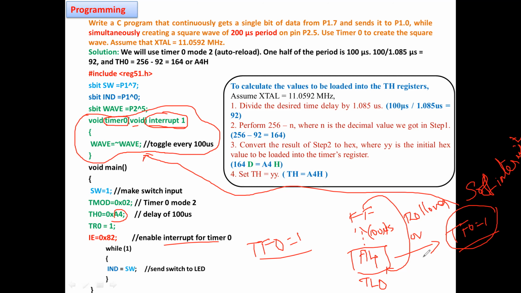Within that, if it is a 1, what I want to do is toggle the particular pin, P2.5, after certain time, that is after every 10 milliseconds. This will be toggled after every second.